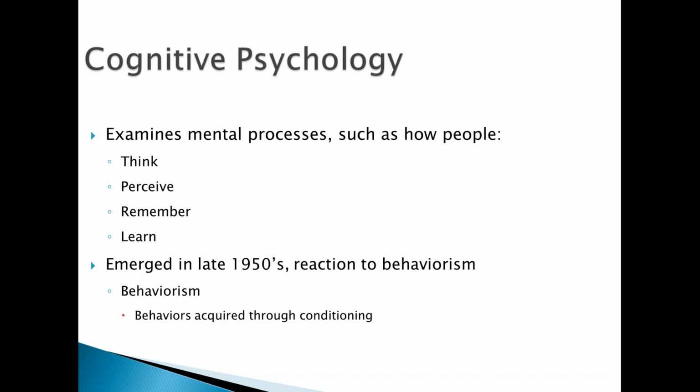Cognitive psychology emerged in the late 1950s, and it was a reaction to behaviorism. Behaviorism basically is the behaviors acquired through conditioning. So when you go to a website and you have your user and they first enter your site and they're looking at it, they're thinking, they're perceiving, they're remembering information, and they're learning.